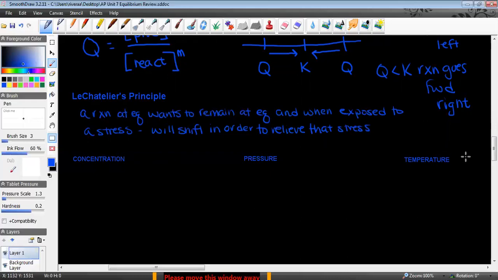Right? So you think about it like, you're sitting comfortably on the couch and then your friend is being annoying and pokes you in the side, you're going to move, right? You're going to move away from that stressor.